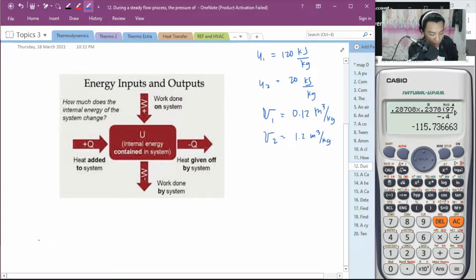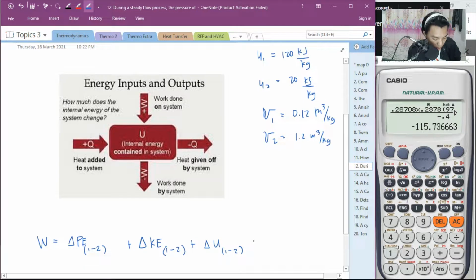So, by the steady flow equation, the work is equal to the change in pressure energy from 1 to 2, plus potential energy, delta KE from 1 to 2, plus the delta U from 1 to 2.